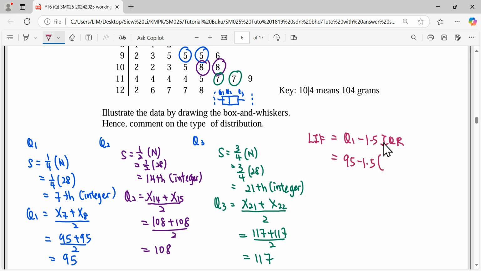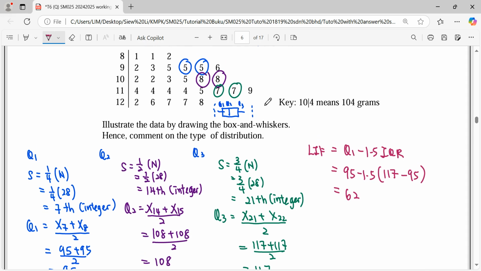The interquartile range, IQR, is third quarter minus first quarter. So the fence here will give us 62. Once we have the fence 62, we can read out our data. Do you have data smaller than your fence? Your smallest data here is 81, meaning you don't have any outliers that fall less than your fence. So you don't have outliers at the left hand side. Therefore, your minimum value is 81.